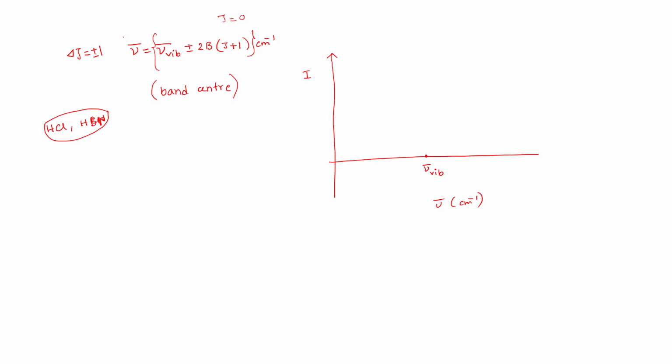J can be 0, 1, 2, 3, anything, right? Even if J is 0, you will get 2B terms. Multiples of 2B terms will be there. The plus and minus will depend: if delta J equals plus 1, you will get plus 2B; if delta J equals minus 1, there will be minus 2B. So you will get something like what was already shown, around the band center, something like this.